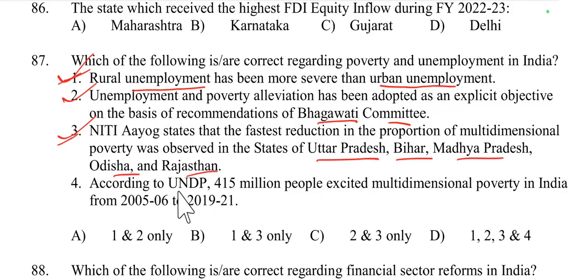Then option 4, according to UNDP, United Nations Development Programme, 415 million people exited multidimensional poverty in India from 2005-6 to 2019-21. Yes, this is also correct. So 1, 2, 3, 4 all are correct. So option D is the right choice.